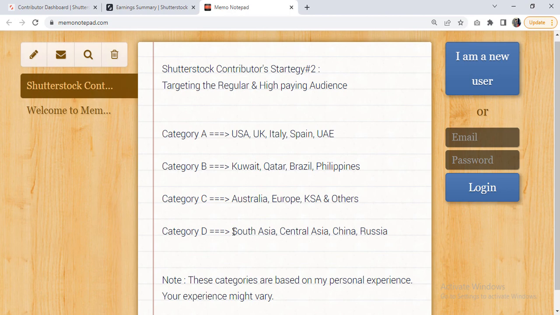So the downloads which I get from these regions are mostly 10-cent downloads. On the other hand, the downloads which I get from these countries also include 10-cent downloads, but it's quite common to get a dollar plus downloads from these countries. But it's very rare to get those sort of downloads from the other countries.